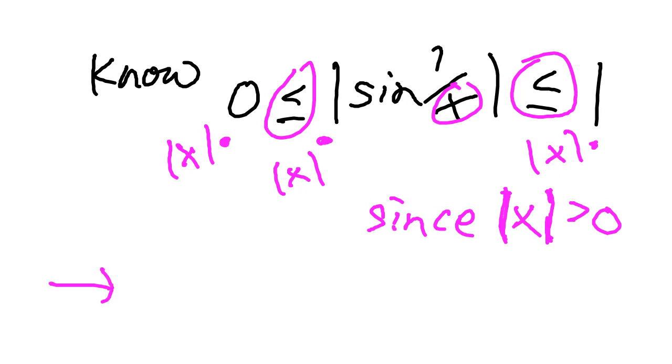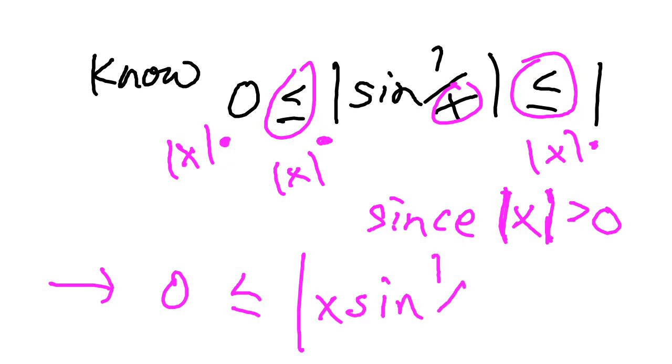So what does this imply? What's the absolute value of x times 0? Well, that's 0, right? And it's going to be less than or equal because that would carry down. Now the absolute value of a times the absolute value of b is the absolute value of a times b. So this is the absolute value of x sine 1 over x, which is what I am trying to evaluate the limit of, which is less than or equal to the absolute value of x times 1, which is the absolute value of x.